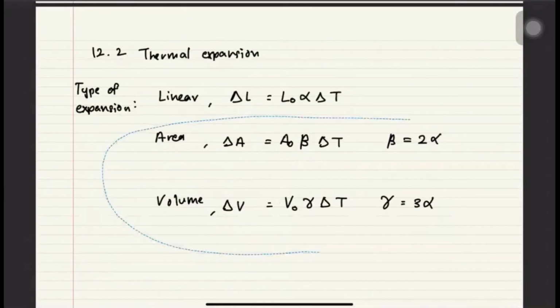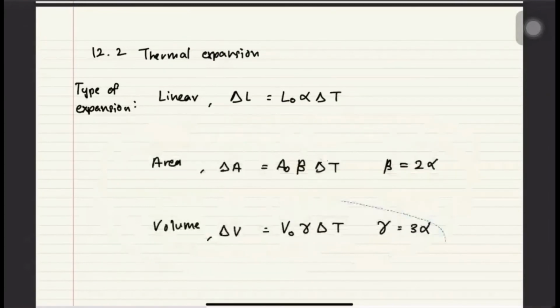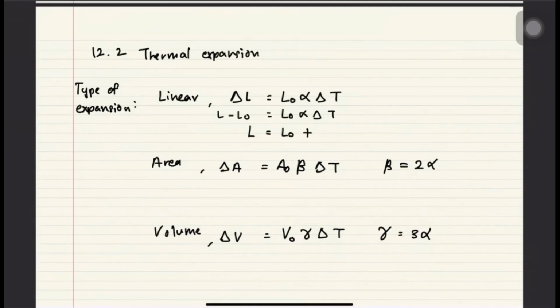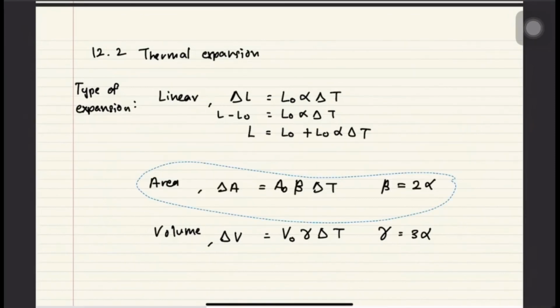Panjang sikit. Okay. So yang ni adalah L minus L naught sama dengan L naught alpha delta T, kan. So L equals to L naught tambah L naught alpha delta T. Kalau saya factorize the L naught, so I will get L equals to L naught (1 plus alpha delta T).